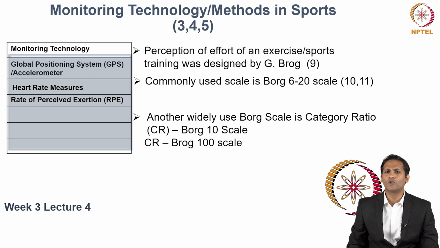Another widely used Borg scale is the category ratio Borg 10 scale or category ratio Borg 100 scale. These are just different types of Borg scale which can be used to quantify the training responses or the training load of an athlete.